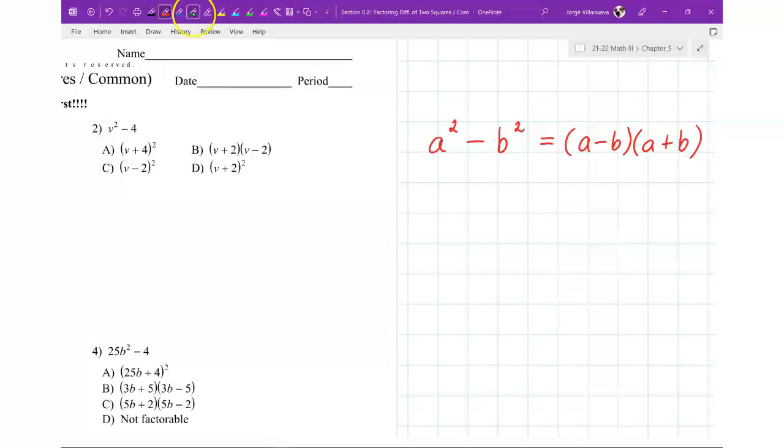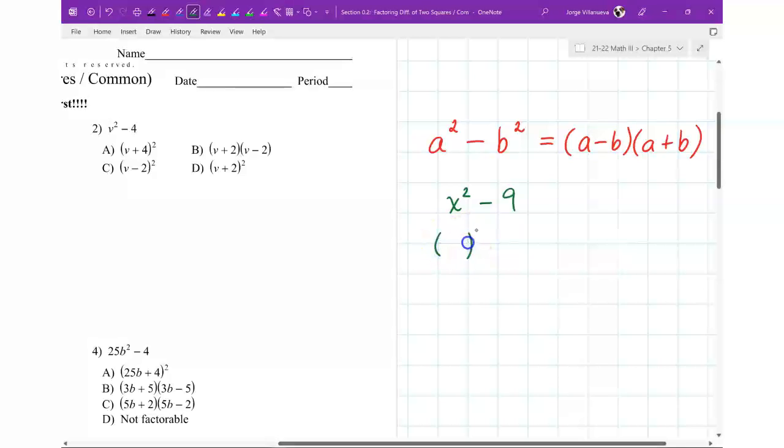Now I'm going to give you one quick little extra problem. If I started off with x squared minus 9 and I told you factor it, you're going to ask yourself, what squared is x squared and what squared is 9? Usually it's easier to start with the number. What number squared is 9? 3, right? So 3 squared would be 9.